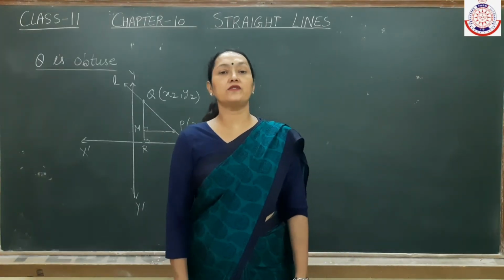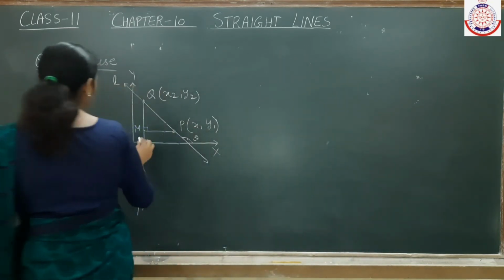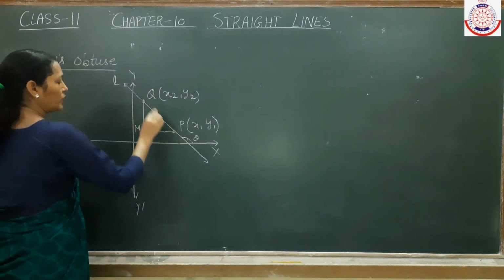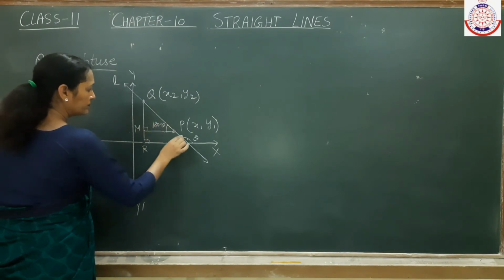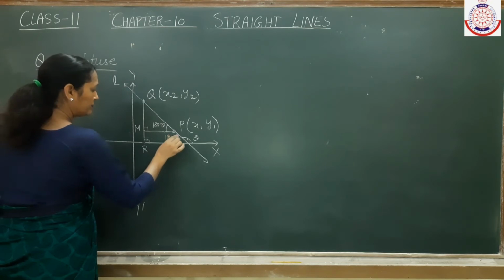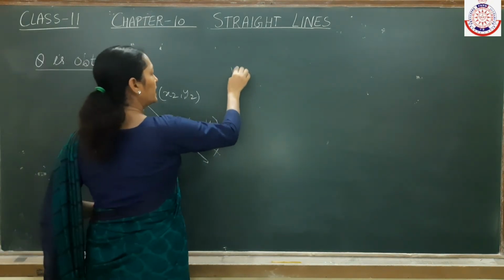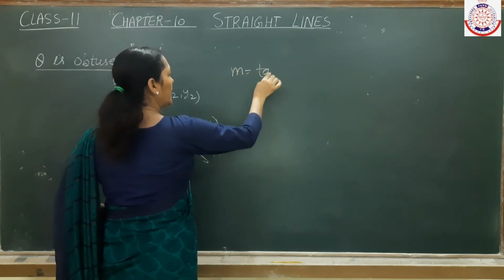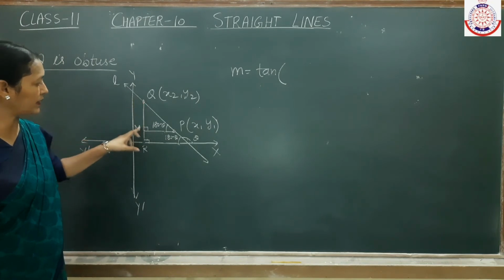In case theta is obtuse, in that case this angle MPQ will be 180 minus theta, the supplementary of theta. Then slope m equals tan of 180 minus theta, perpendicular over base.